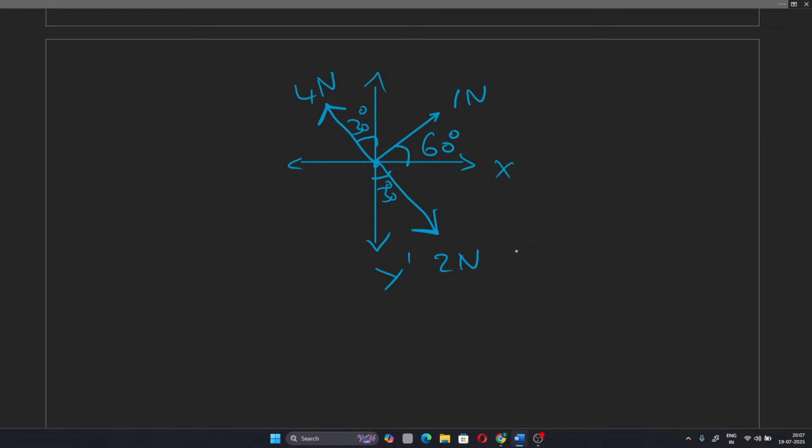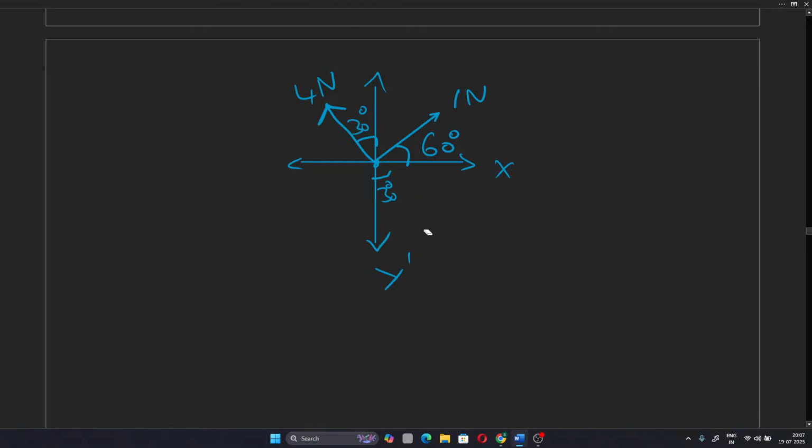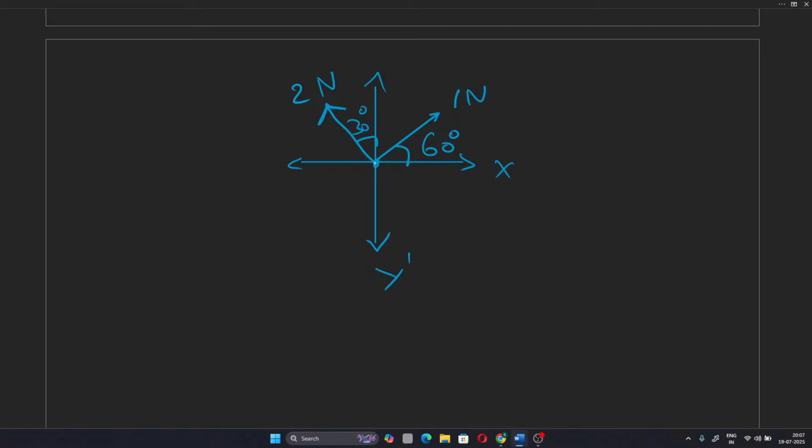For the resultant of these forces, first let's find the resultant here. These both cancel out, so the total diagram will shift from this to this, with that force cancelled. Since this will become 2 Newton, it will be acting somewhere not in the y-axis but somewhere like this.